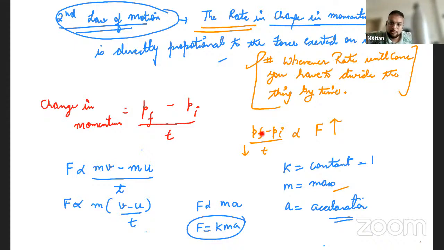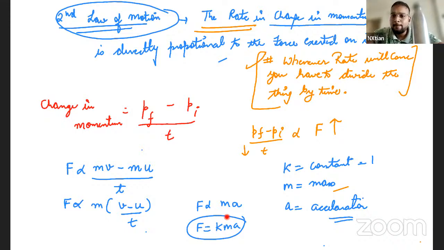Momentum is equal to mass into velocity. Final momentum means mass into final velocity. Initial momentum is mass into initial velocity, which is u. Now I take out m as a common, then v minus u upon t is acceleration, as we learned. Got it. Okay.